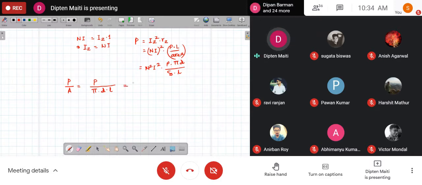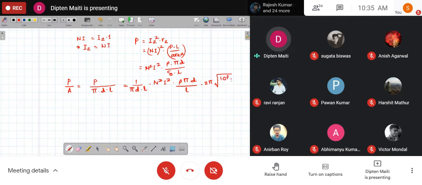So it is 1 by pi d into length into P, where P equals n square into I square into rho pi into d divided by delta into L. And here we can remove the delta and replace it by its equivalent value, with delta equal to 1 by twice pi.